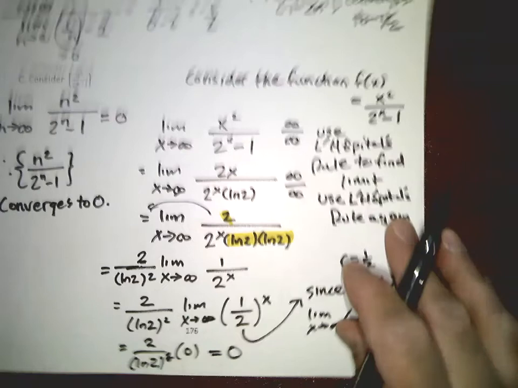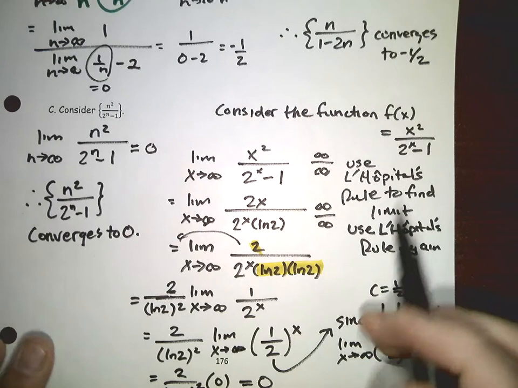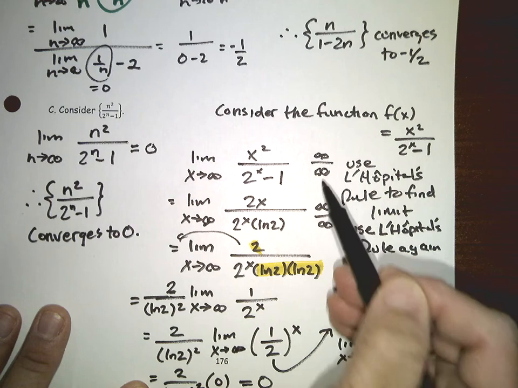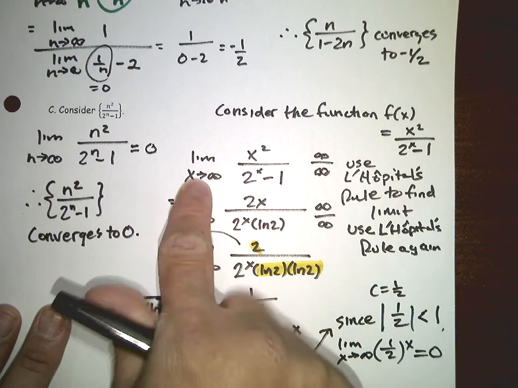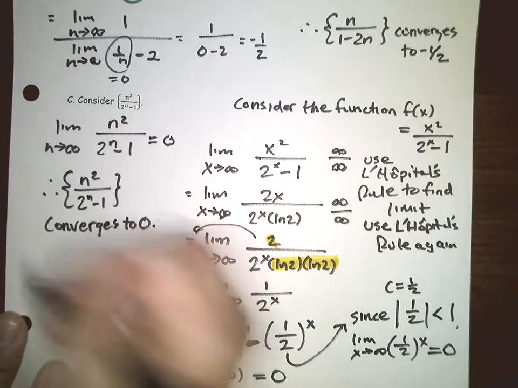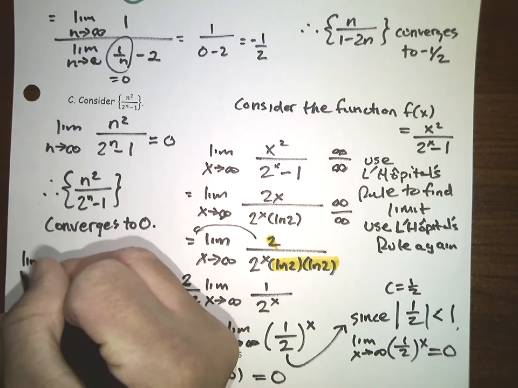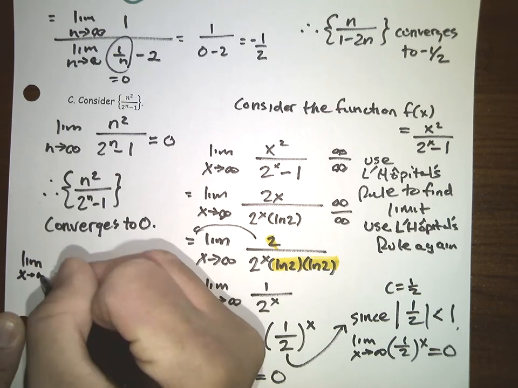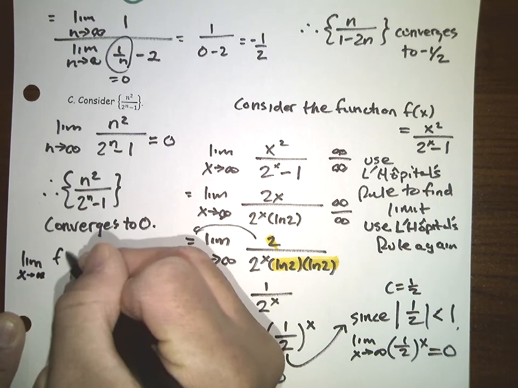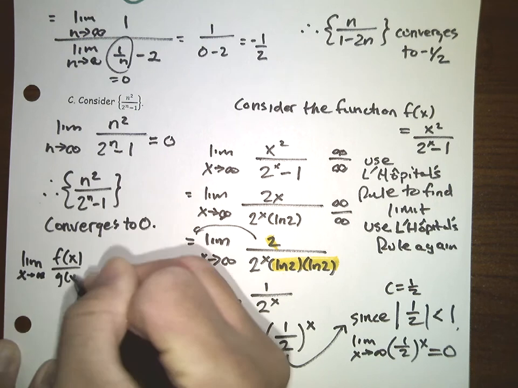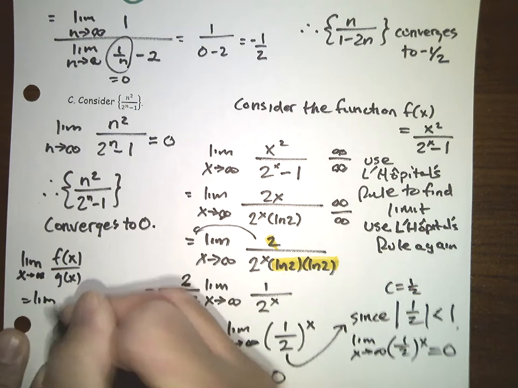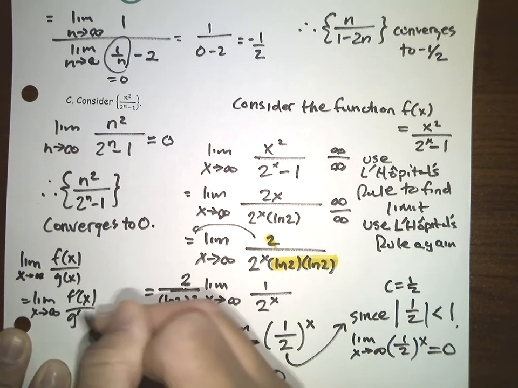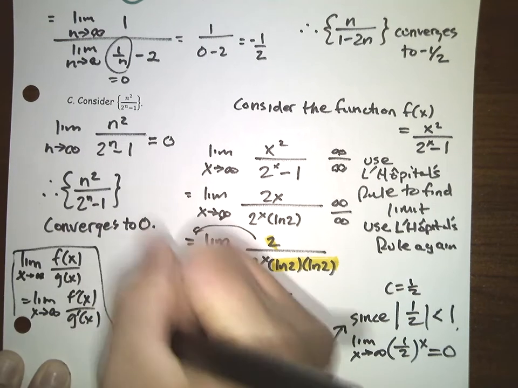Yeah, so if you have an indeterminate form like infinity over infinity, then the limit as x approaches infinity of f of x over g of x would be equal to the limit as x approaches infinity of f prime of x over g prime of x. That's what I did.